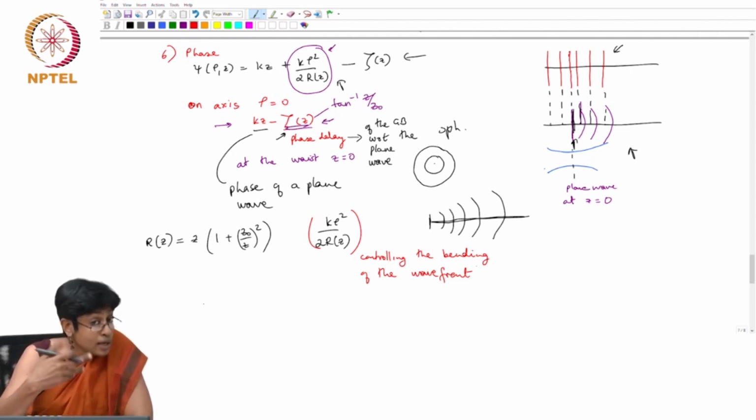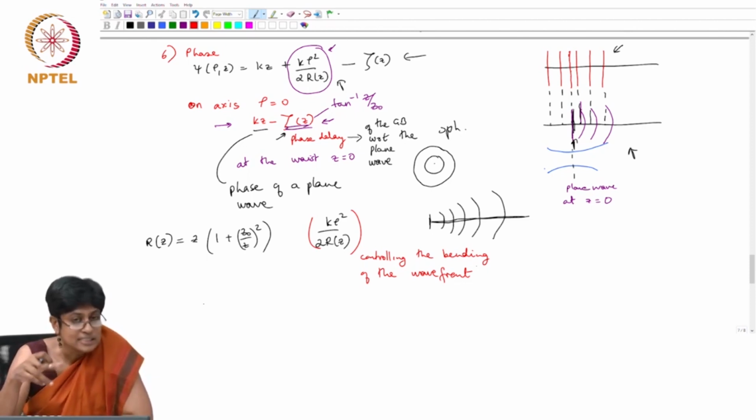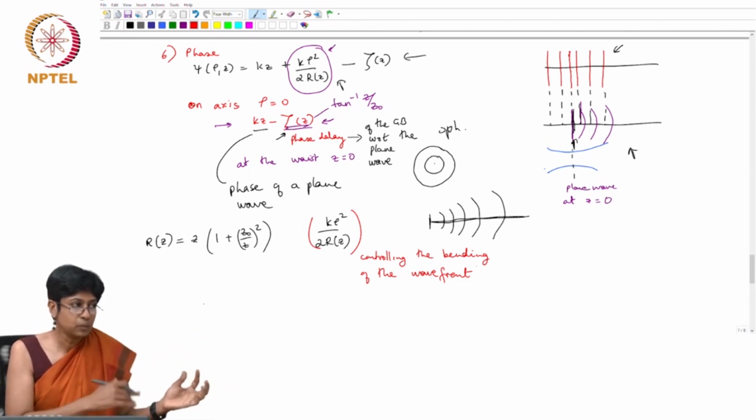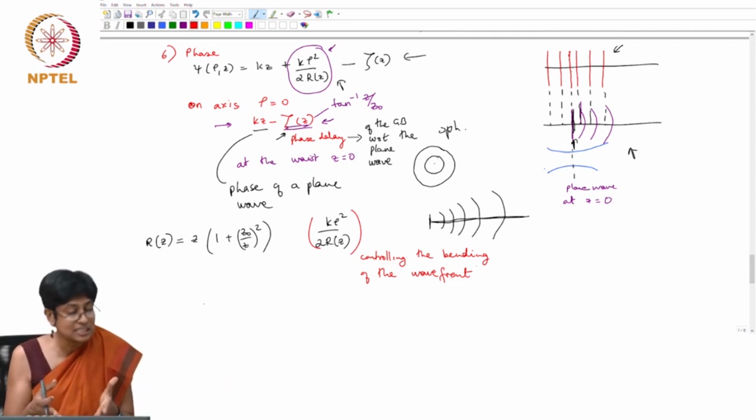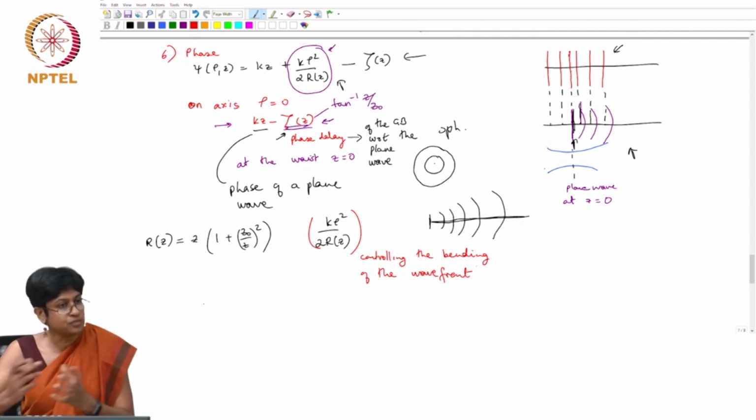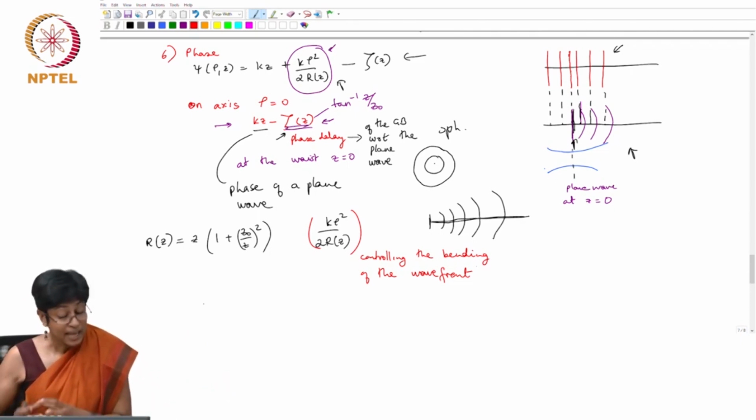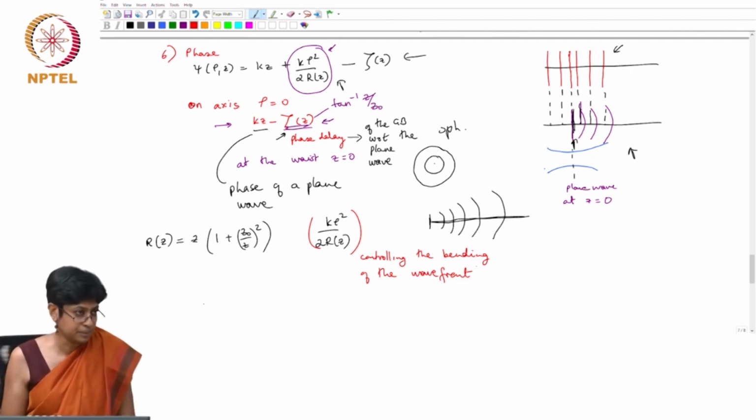But it would be more or less plane in nature, right? Except the wavefronts would have had a phase delay. What makes the Gaussian beam lie somewhere between the ideal plane wave and the ideal spherical wave is this term that moves it from the plane wave and gives it the bending of the beam.